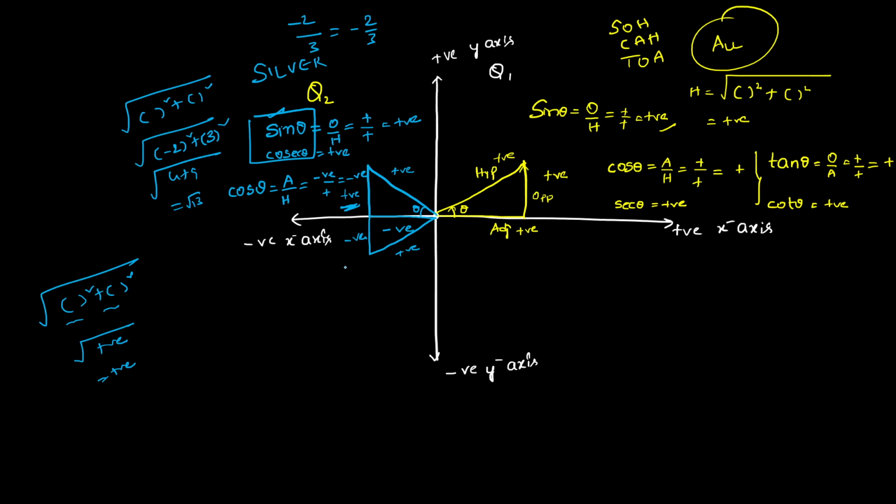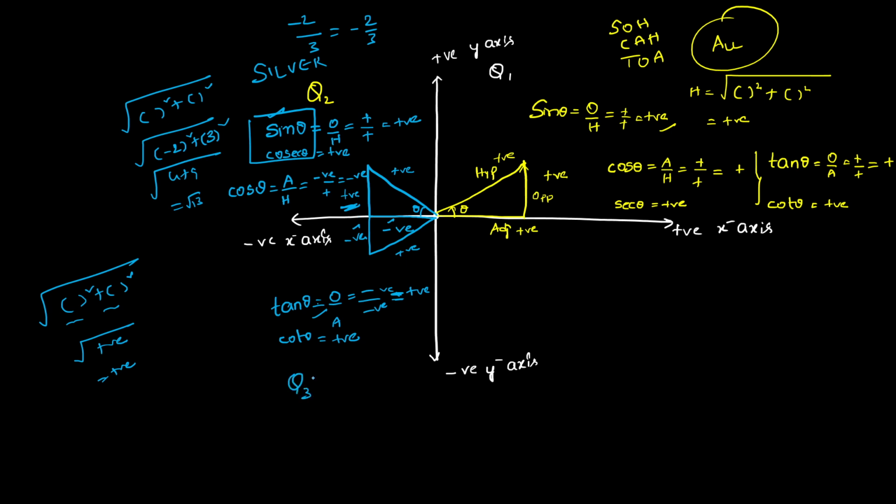So here tan theta is defined as opposite by adjacent, opposite is negative and adjacent is also negative, so negative by negative becomes positive. So that's why tan theta is positive and its reciprocal cot theta is also positive, whereas the remaining ratios will become negative, because sine theta is opposite by hypotenuse, opposite is negative and hypotenuse is positive, minus by plus is minus, so if sine theta is minus, cosecant theta will be minus.